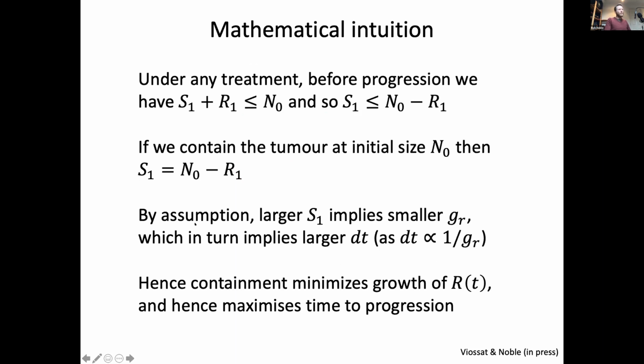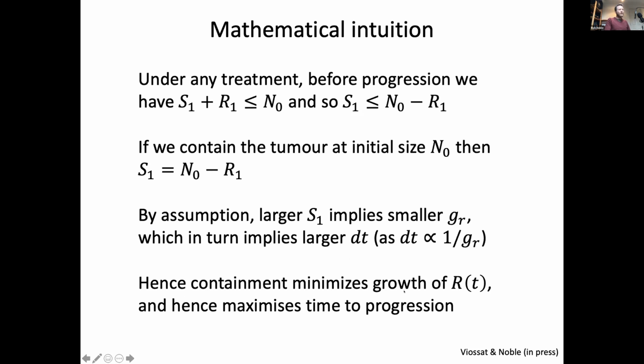So by our assumption, that is the underlying assumption of this type of model, we assume that a larger S1 implies a smaller GR. In other words, the larger the sensitive population, the smaller the growth rate of the resistant cells. And this in turn implies that a larger sensitive population implies a larger time increment before the resistant cell population grows by dr.